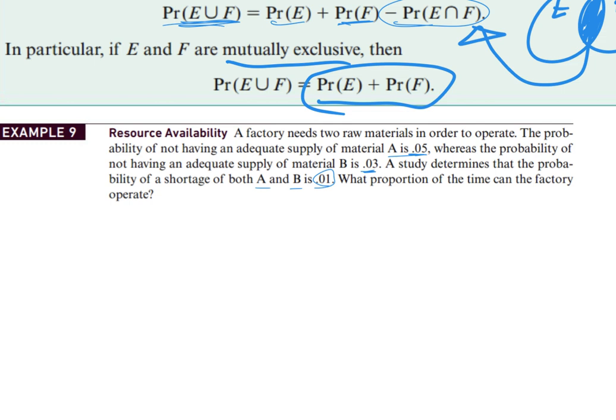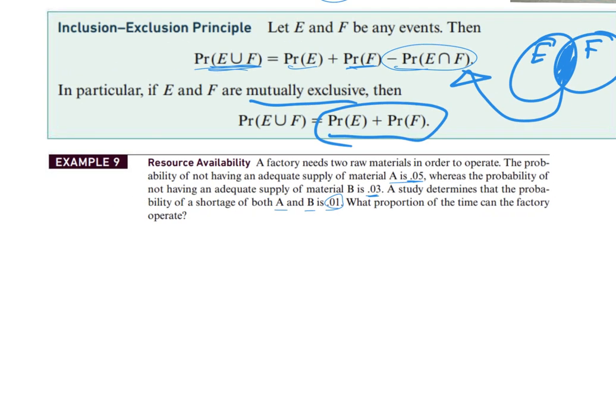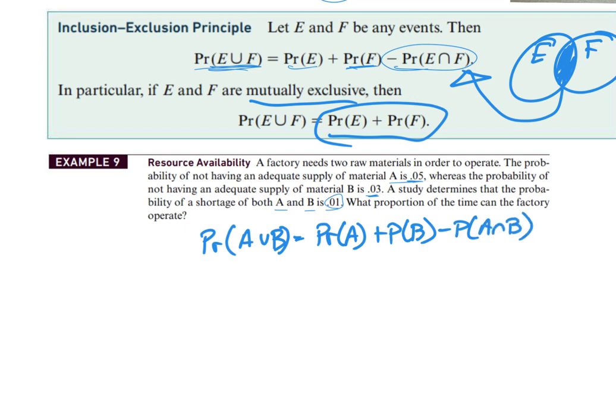So we can use our inclusion-exclusion principle to show that the probability of running out of A or B would be the probability of running out of A plus the probability of running out of B minus the probability of running out of both of them at the same time. We know these values, so this is 0.05 plus 0.03 minus 0.01.